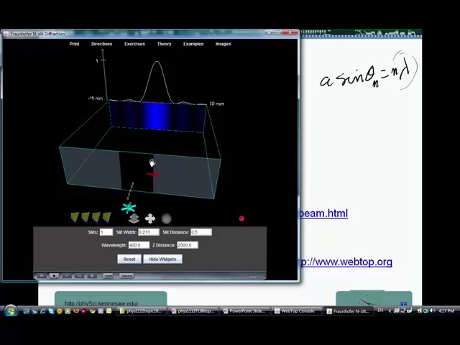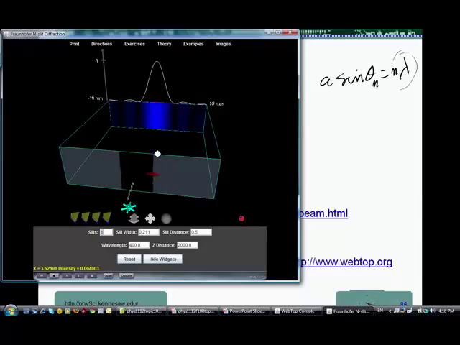Now the key thing here, when we looked at two slit interference, let's put two slits here. Notice here, two slits. Look at what we have here. And one slit. Two slits and one slit.